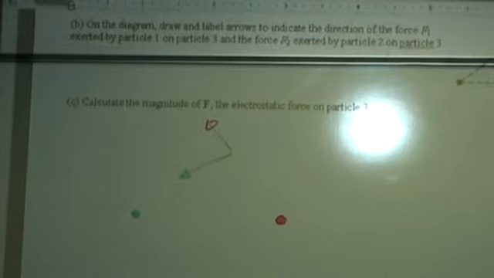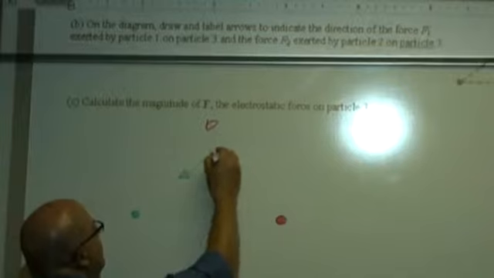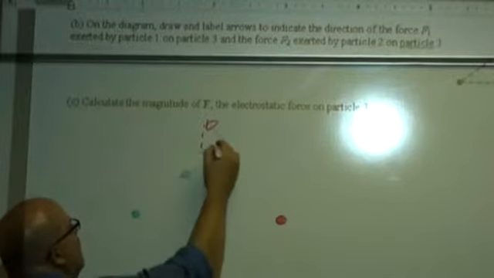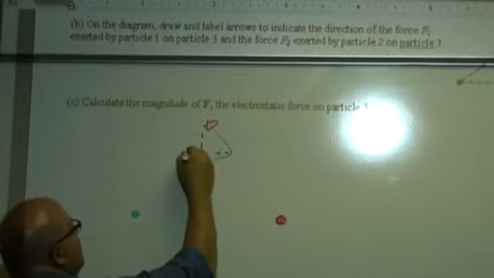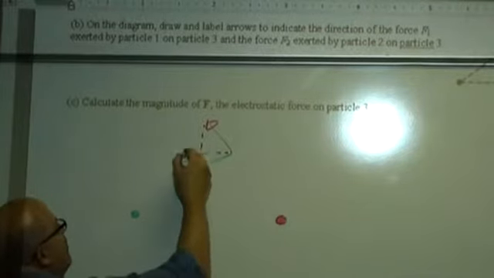But the one nice thing is that do we have to worry about y components? No, they cancel. How do we know they cancel? It's a horizontal force. It says it's horizontal. So all we have to do is find the x component of this one, right? And we've got to find the x component of that one too.